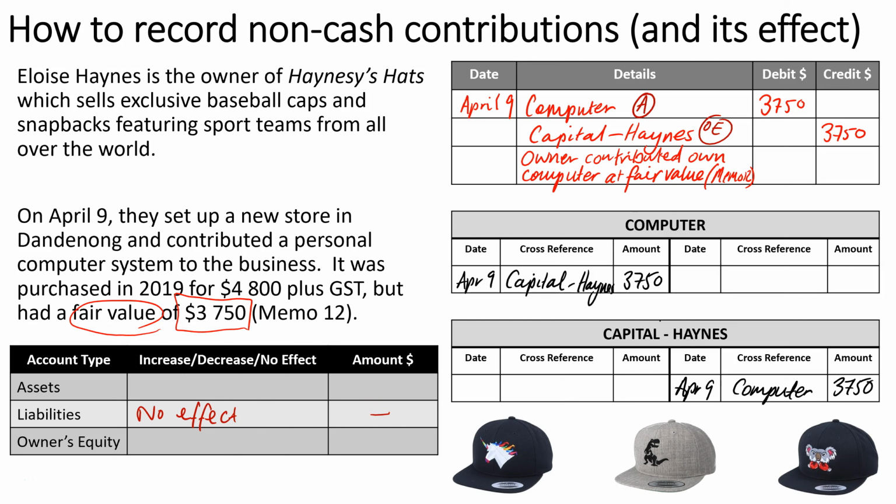I can see that a computer is an asset, and that has increased by 3,750, and my owner's equity has increased by the same amount. So I can see from here that my equation is balanced because my assets are equaling my liabilities plus owner's equity. Therefore, I know that I've recorded this correctly.